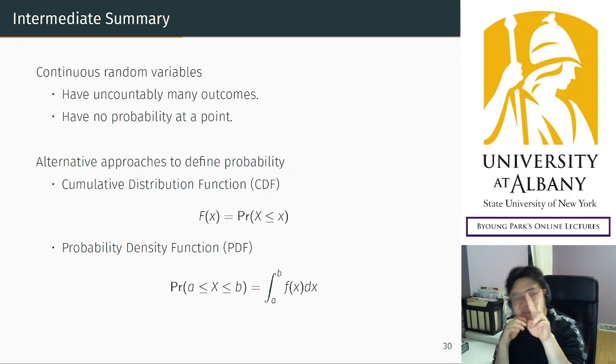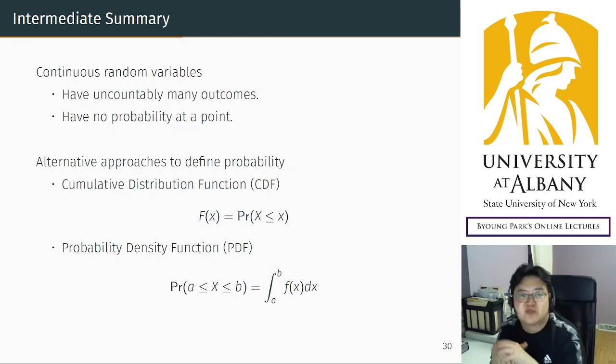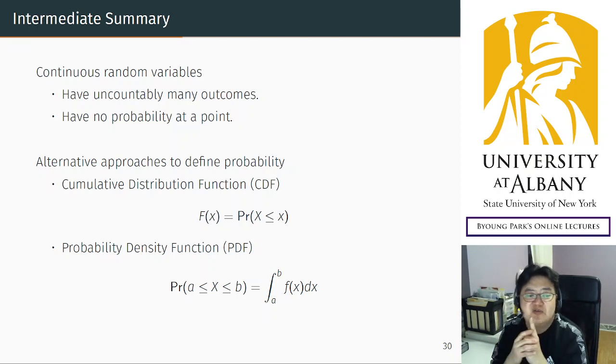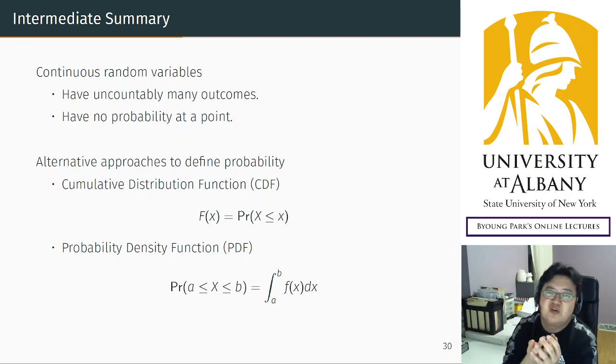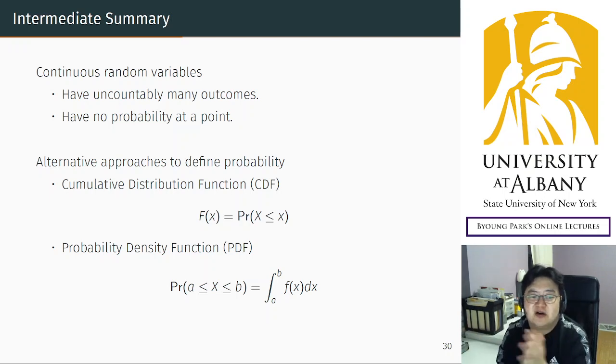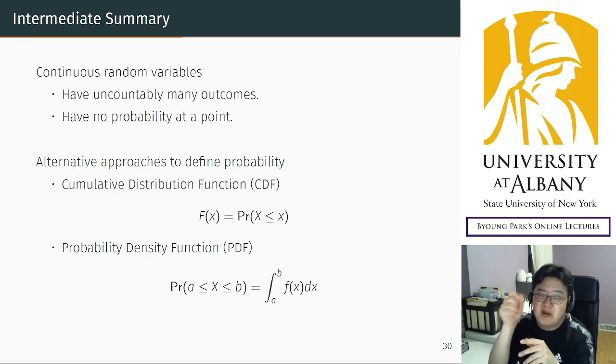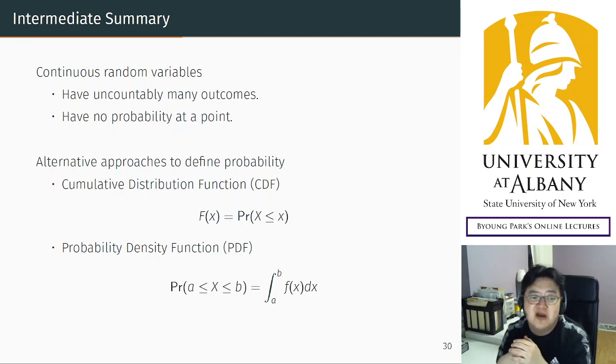And there are two possible alternative approaches. One is using the CDF, cumulative distribution function, and I demonstrated how we can convert the cumulative distribution into different forms of probabilities. Also, you may use the probability density, which is an area. Literally, you can calculate the area for any interval, right?